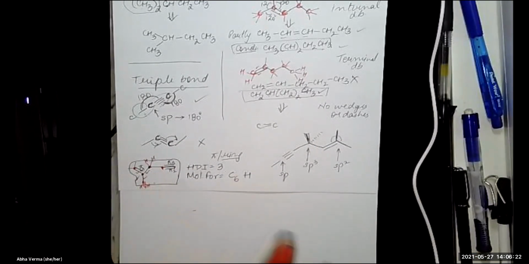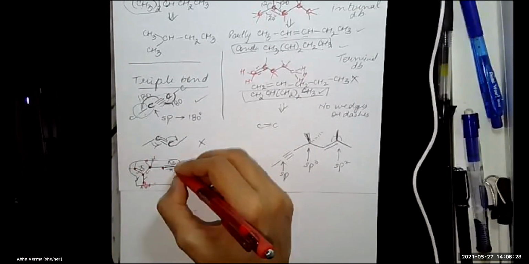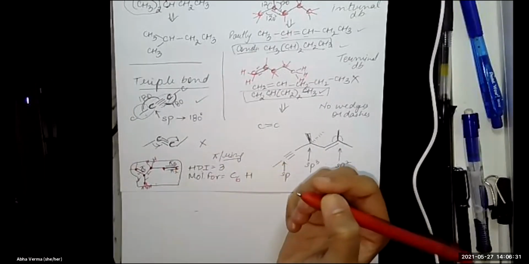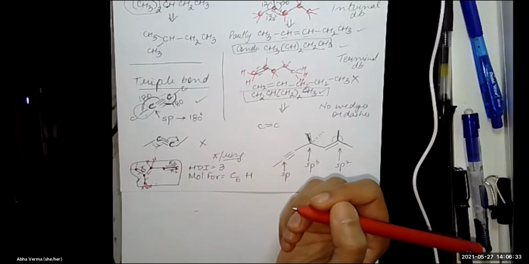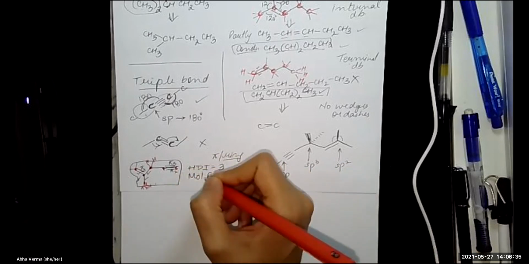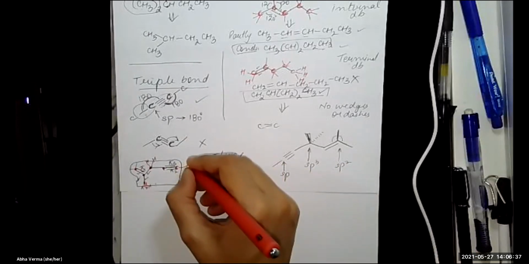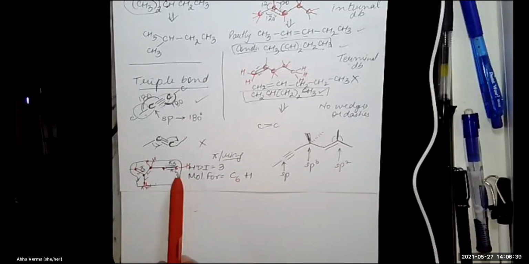And do we have any other hydrogens left on the structure? No. What about this carbon? Does that count? Of course it does. There would be 1 hydrogen here also, exactly.